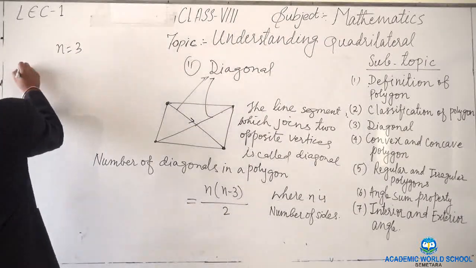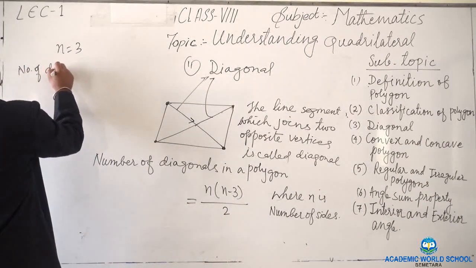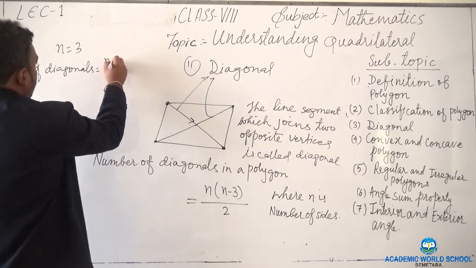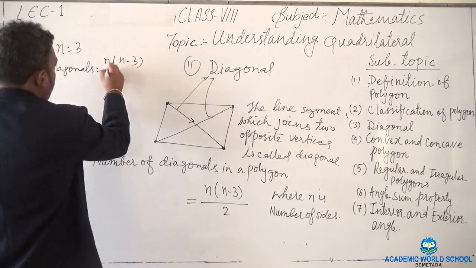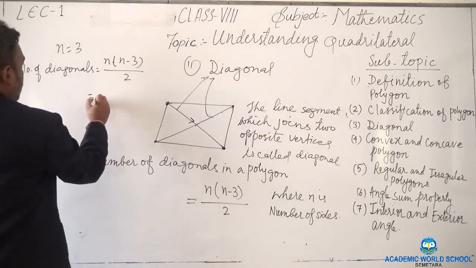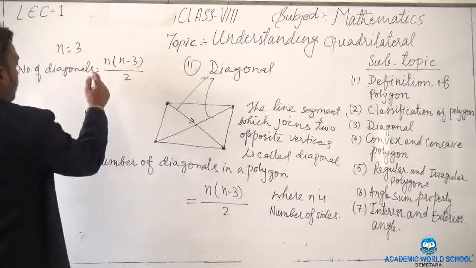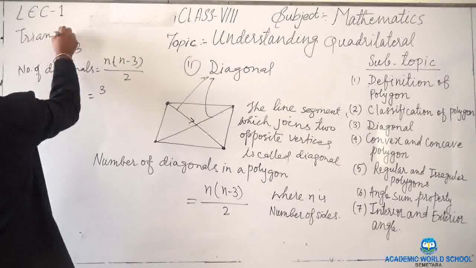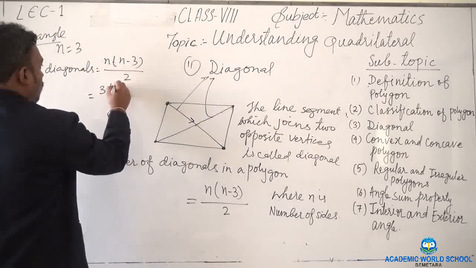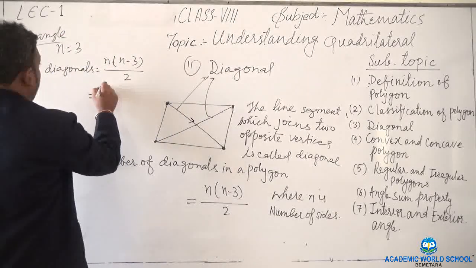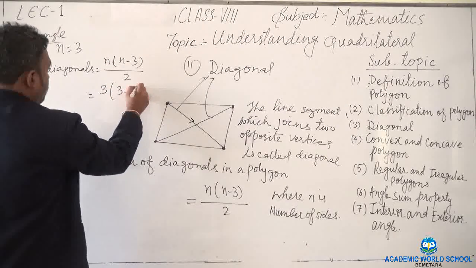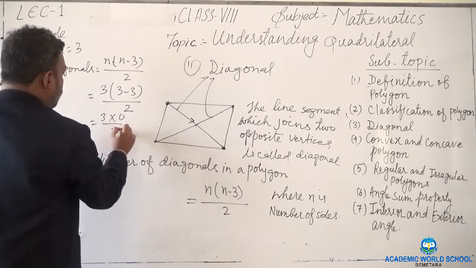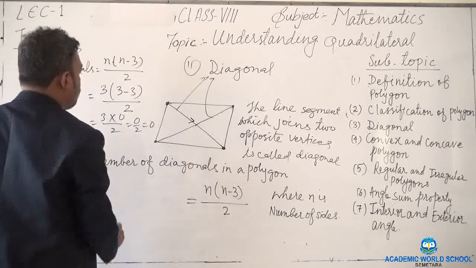So the number of diagonals, using the formula n into n minus 3 upon 2, is 3 into 3 minus 3 by 2. 3 into 0 upon 2, so 0 by 2 equals 0.